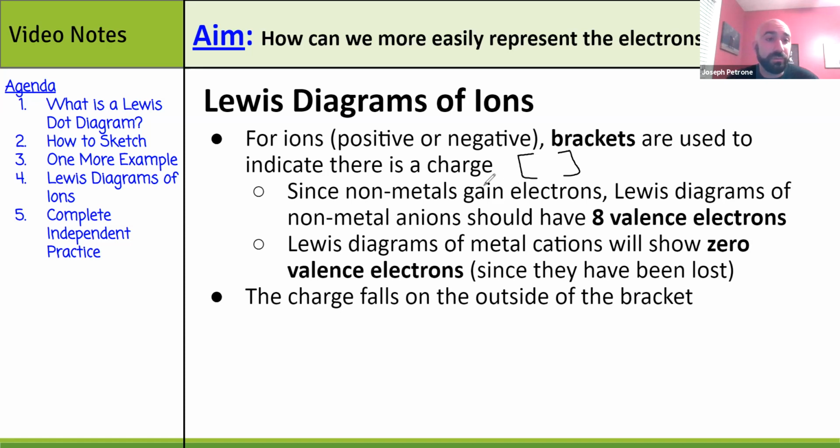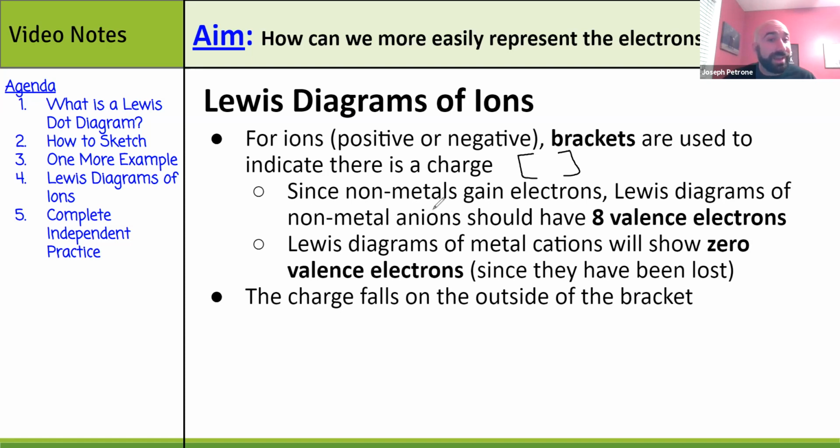Since we're dealing with metals and nonmetals and they're either gaining or losing electrons, each Lewis diagram is going to have the same number of electrons shown, depending if it's a nonmetal or a metal. Hopefully you recall that the nonmetal atoms gain electrons in order to form their negatively charged anions.